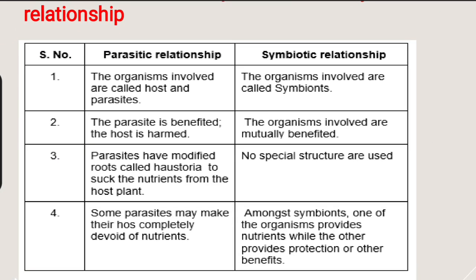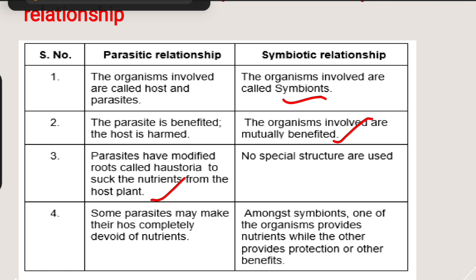Here, in the parasitic relationship, the organisms involved are called host and parasite. And in symbiotic, the organisms are called symbionts. In the parasitic relationship, only the parasite is benefited, while in symbiosis the organisms involved are mutually benefited. Parasites have modified roots called haustoria to suck the nutrients from the host plant, and in a symbiotic relationship no special structures are used.